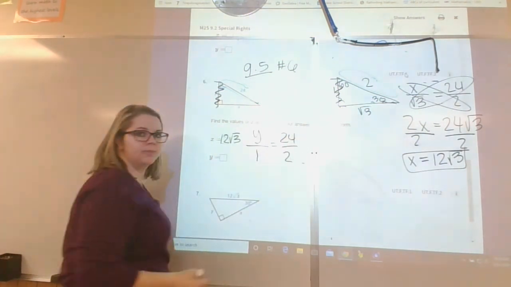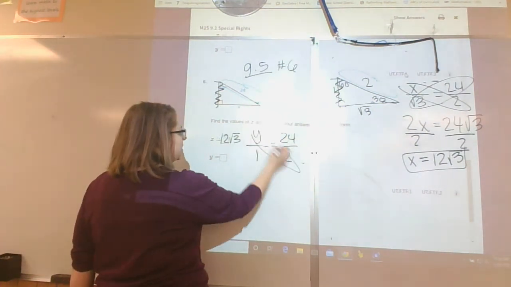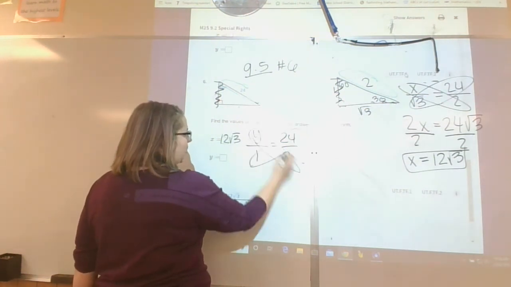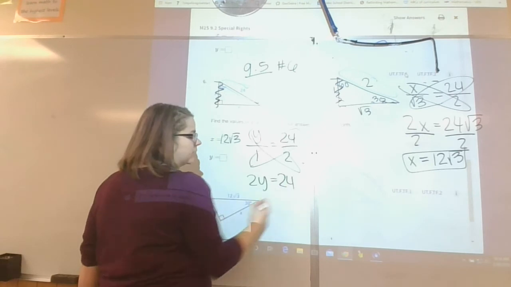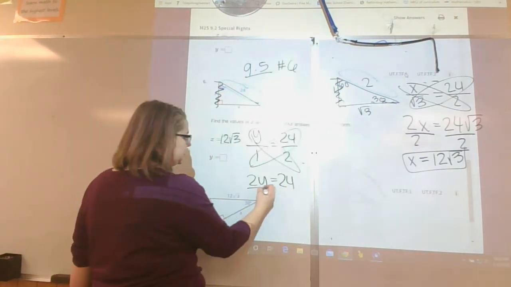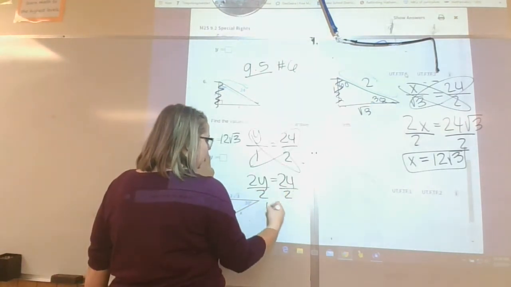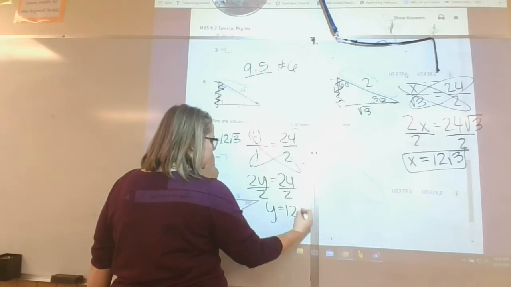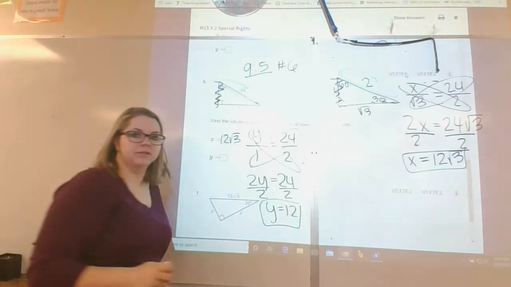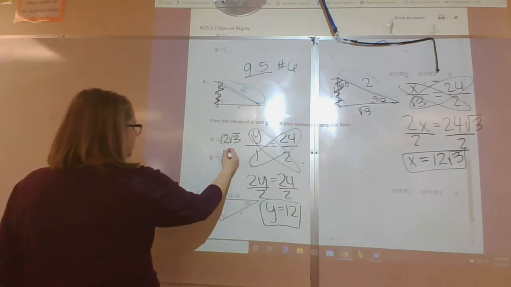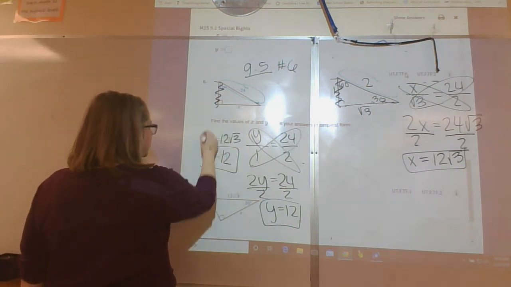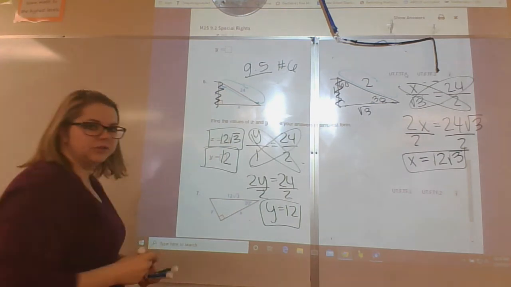I'm going to cross multiply. You get y times 2, which is 2y, equals 24. Divide by 2, divide by 2, y equals 12. And that's it. So now I have y equals 12, and those are all my answers.